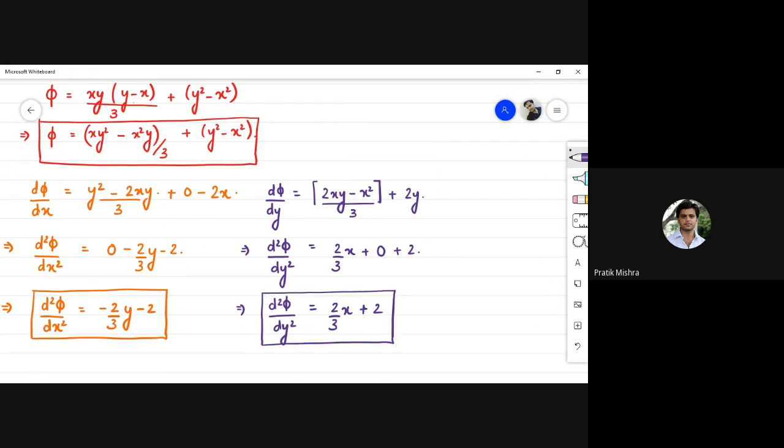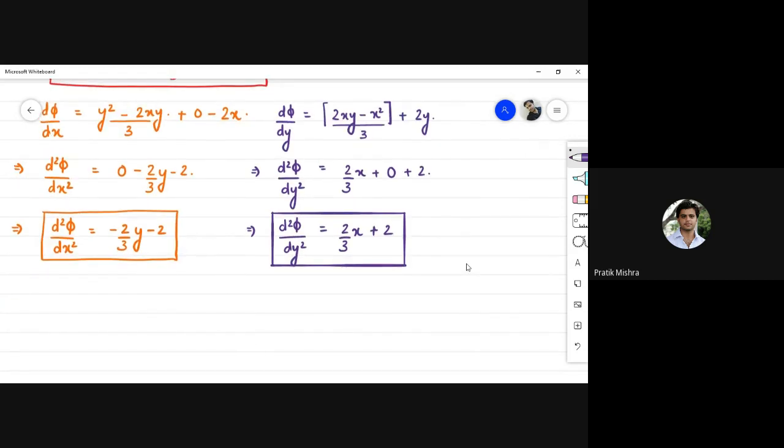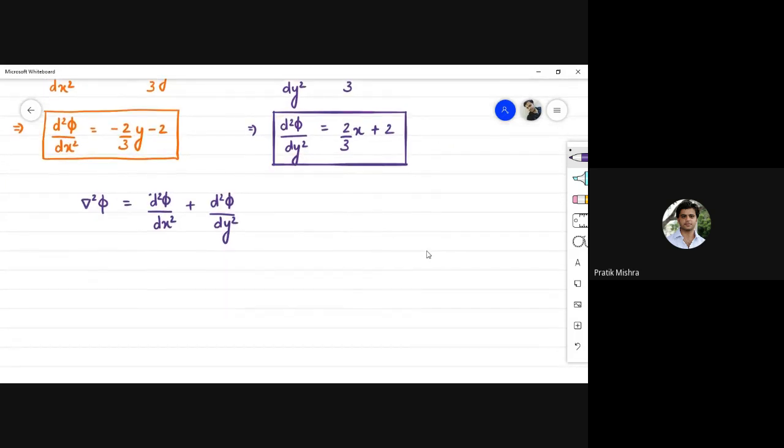In order to check for the continuity of a flow, you need to add these. So delta square phi is simply d2 phi by dx square plus d2 phi by dy square. Substitute the values of d2 phi by dx square and d2 phi by dy square.